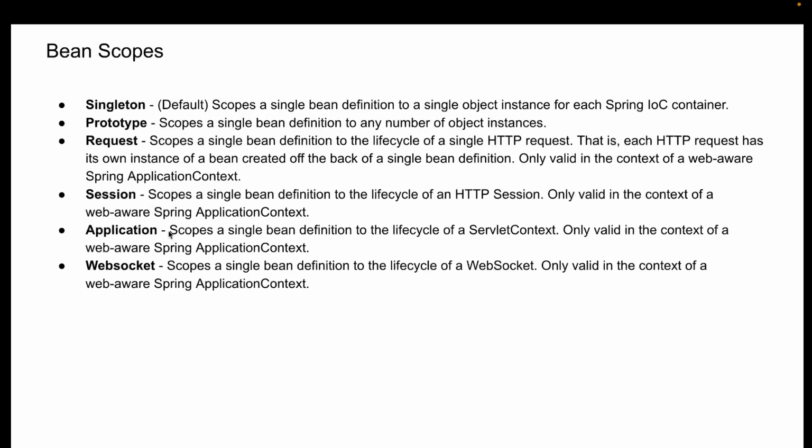Now let's say we have another bean scope, the application bean scope. This scopes a single bean definition to the life cycle of a servlet context. The definition is hard to understand when you read it, but understand that there is a Spring bean, and that Spring bean is available to the entire application.